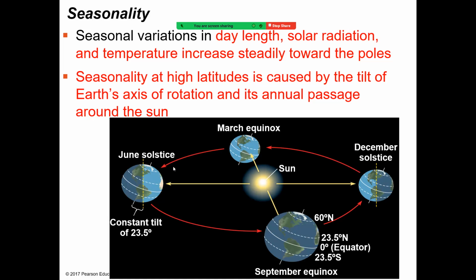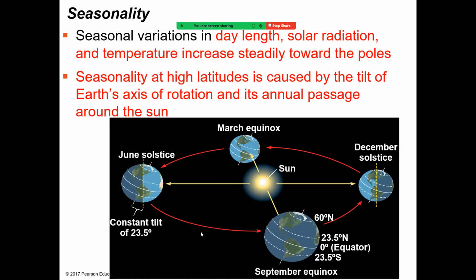All days are 24 hours, but it has the most daylight. In the southern hemisphere, that would be the shortest day. So that would be winter. That's June 21st. And then we move forward into September. September 21st is the September equinox. Again, fall in the northern hemisphere and spring in the southern hemisphere.